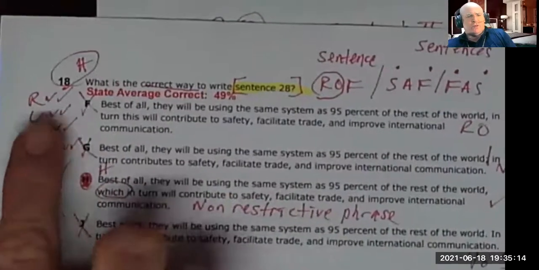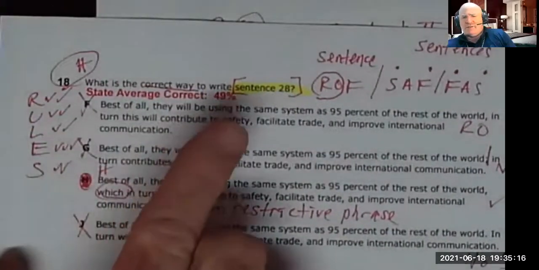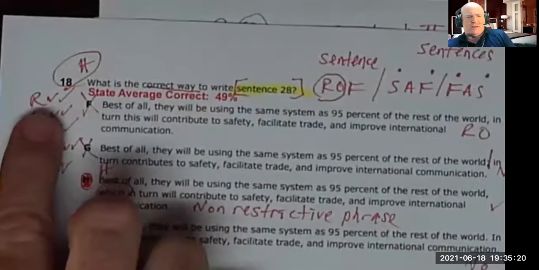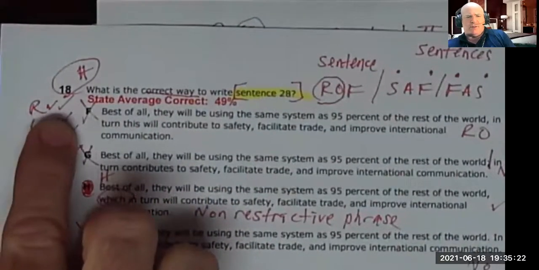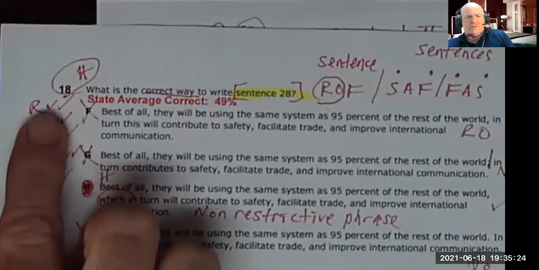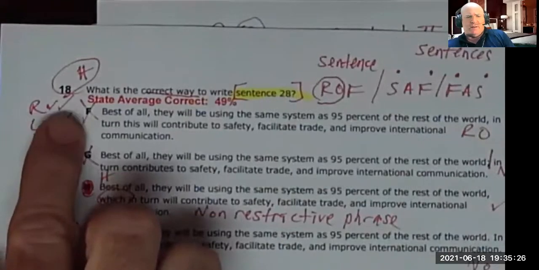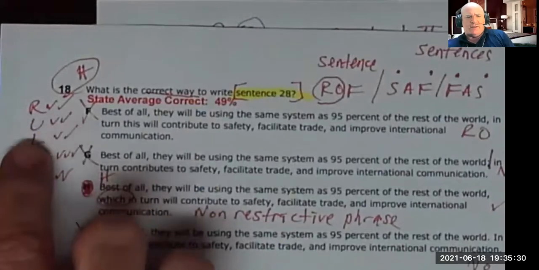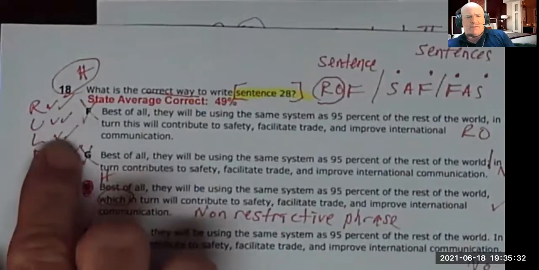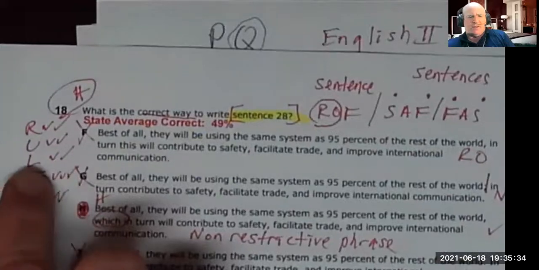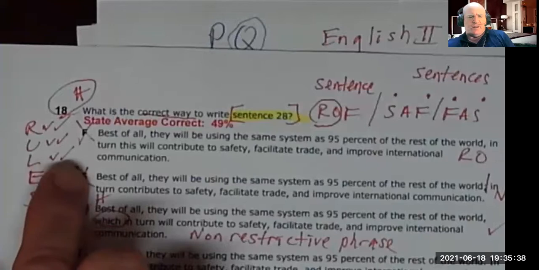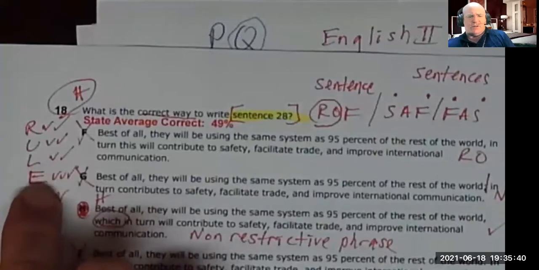And again, we do the rules, and we're only going to look at sentence 28. So R stands for read it softly or loudly, the question and the sentence in the passage. Underline in both places. Label, meaning mark the test, whatever way the teacher has taught, in both the question and the passage.